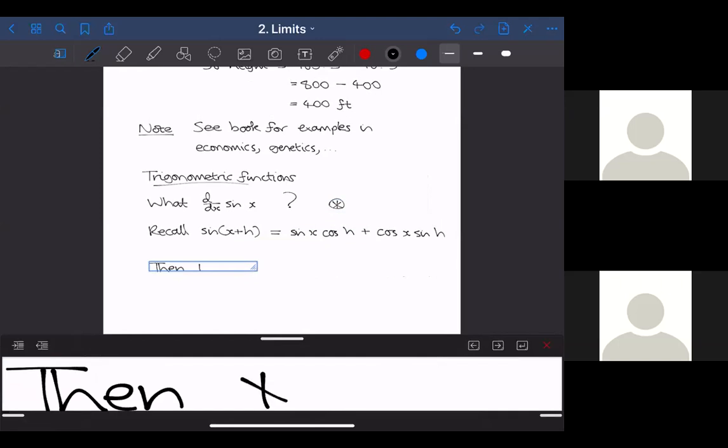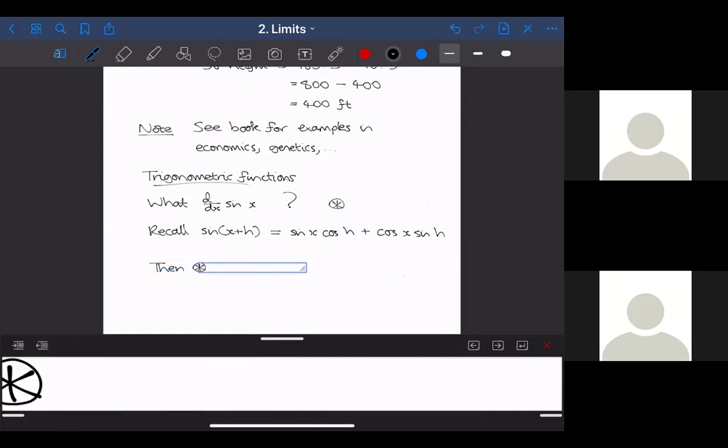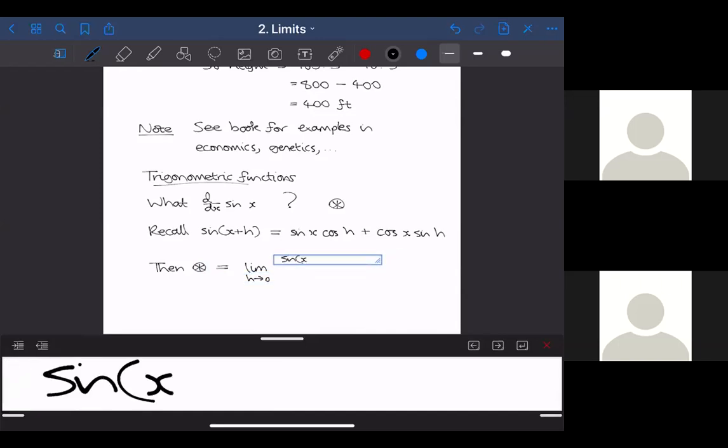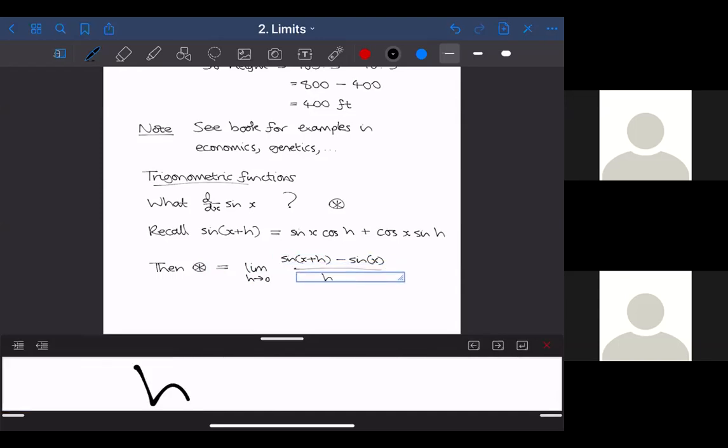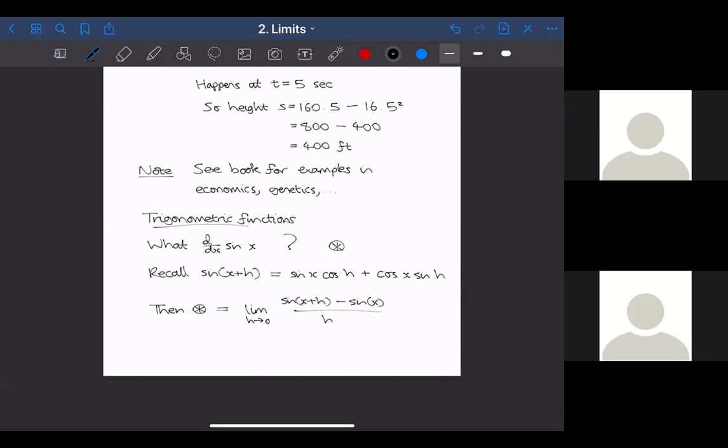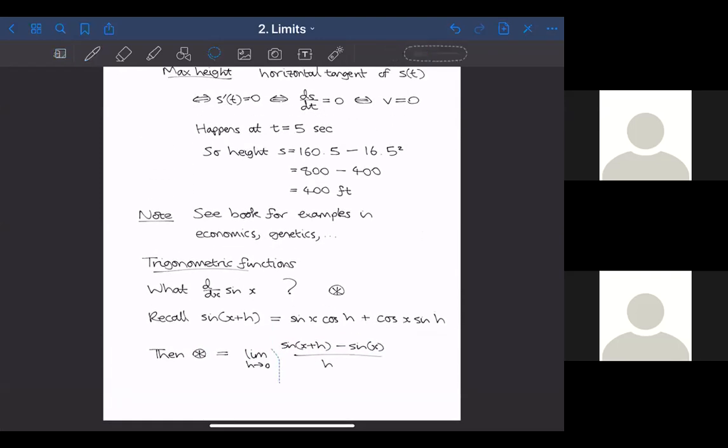So using this, our derivative is equal to, by definition, the limit as h goes to 0 of the change in sine over h, and I'm going to be able to rewrite that using my identity.